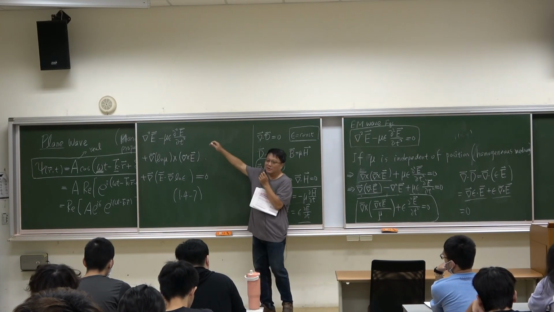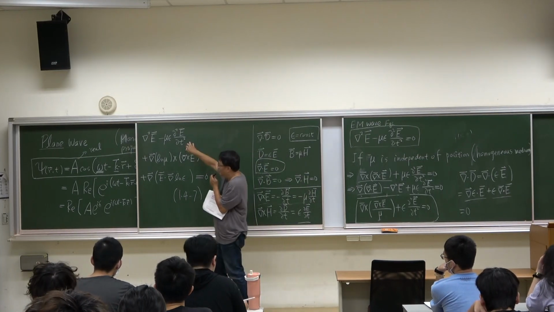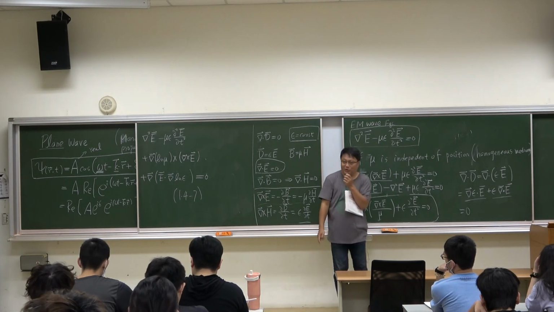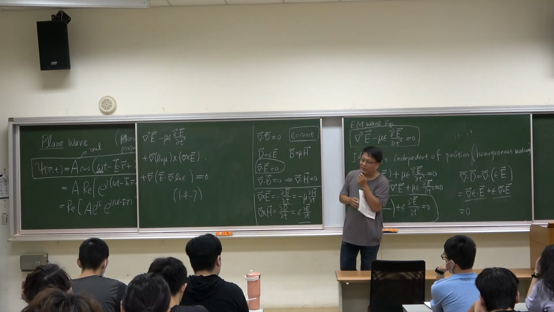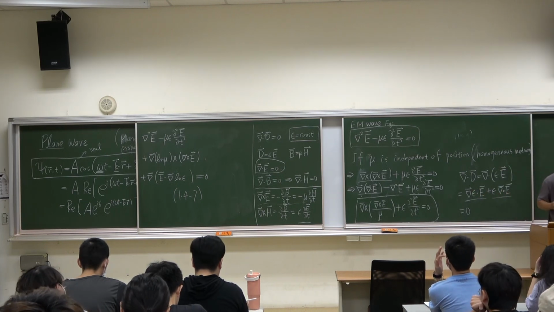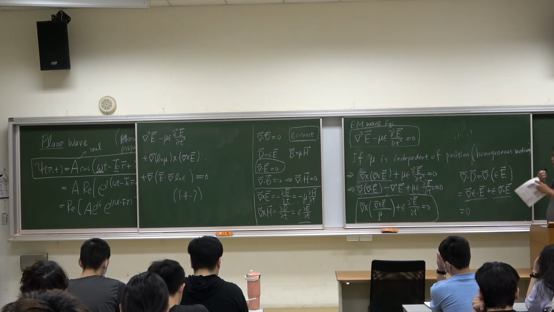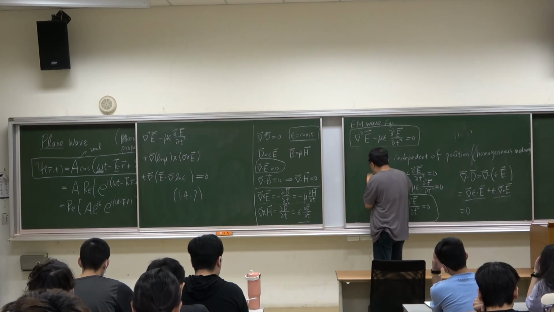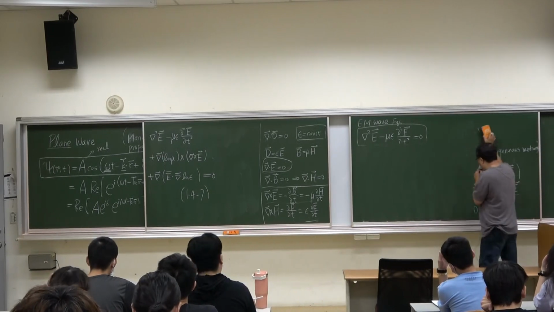In fact, this ugly equation is useless, because if we encounter such a case, usually we use these equations instead. Although they are equivalent, we usually do not use this equation.